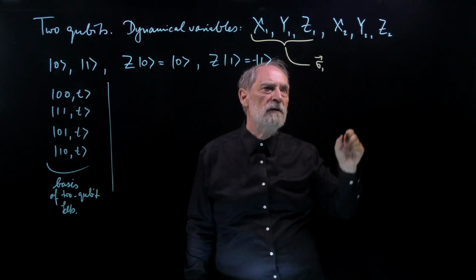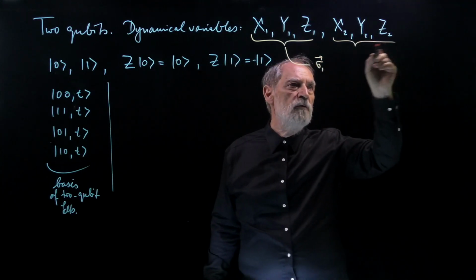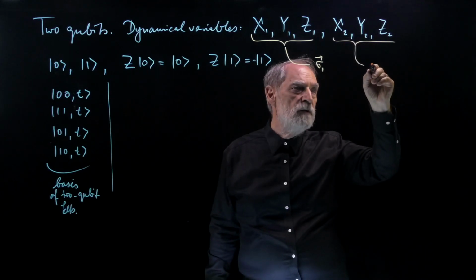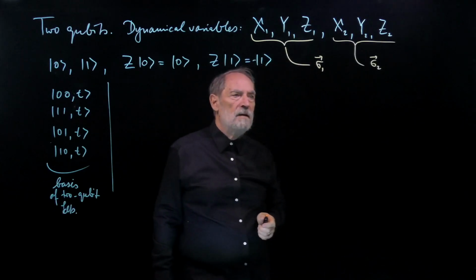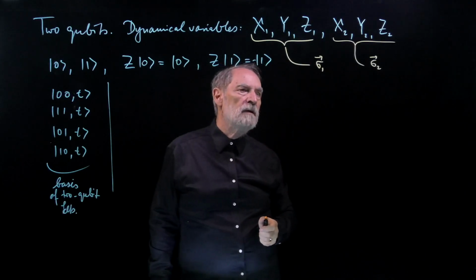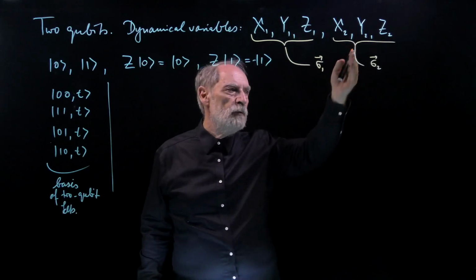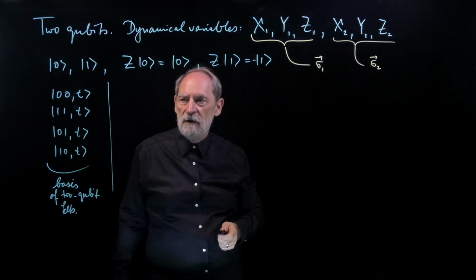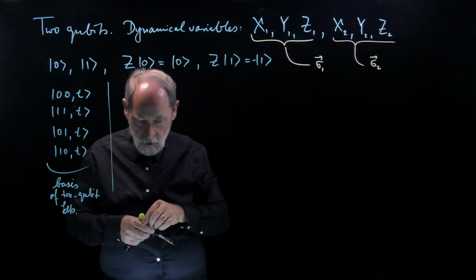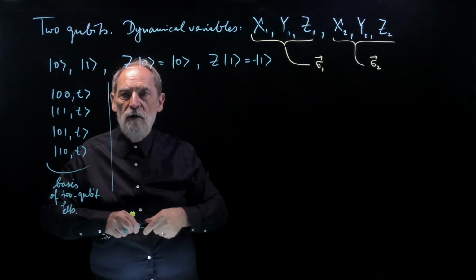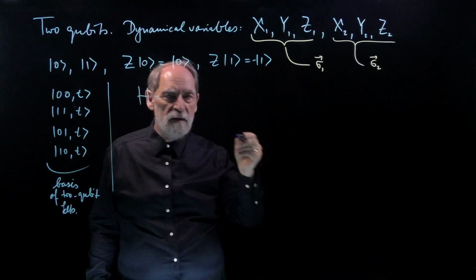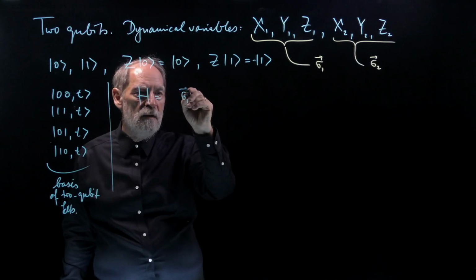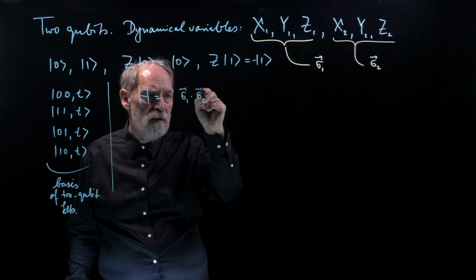And then for the second qubit, you compose these three into a vector operator for the second qubit. So here we have a vector, there we have a vector. Hamilton operator is not a vector, but it's a scalar. So we should think of Hamilton operator. A simple example would be sigma 1 dot sigma 2.